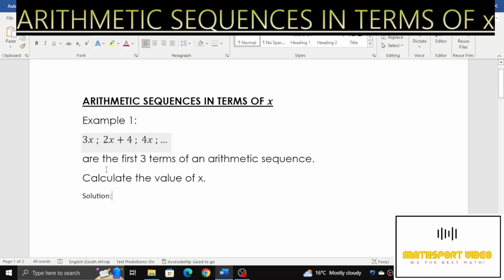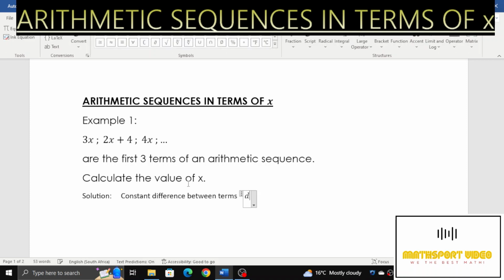Okay, so the first thing we need to remember is that with arithmetic sequences, there is a constant difference between the terms. So what that means, if you want to work out that constant difference, remember you can take any term, for example, the second term, and then you can subtract the term before it.